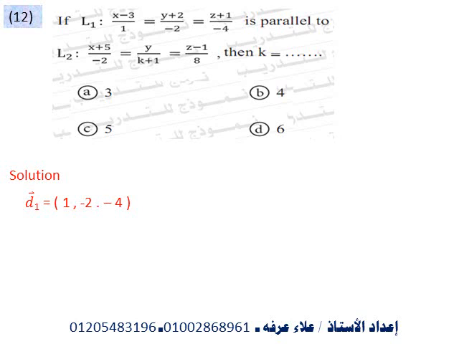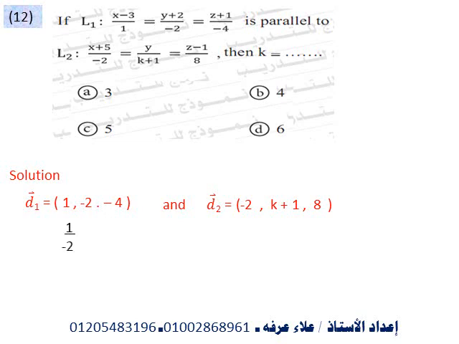Vector d1 for L1 equals 1, negative 2, negative 4, and vector d2 for L2 equals negative 2, k plus 1, 8.